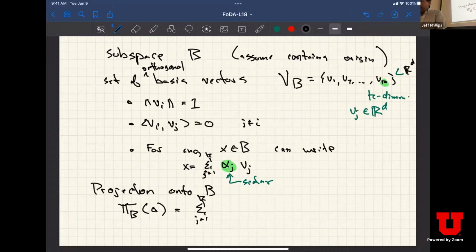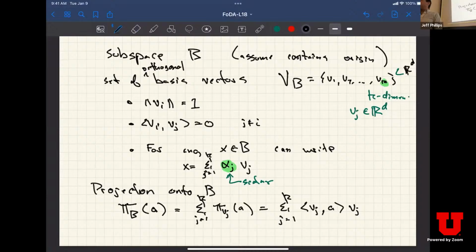It's going to be the projection onto v_j of a. I'm just going to sum up the projections onto each of these v_j. Each of these projections gives me a d-dimensional point on an orthogonal space. If I add them up, it's going to give me the full thing, right? So this is equal to the sum from j equals 1 to k of the dot product of a onto that jth basis vector times that basis vector, right? Okay.